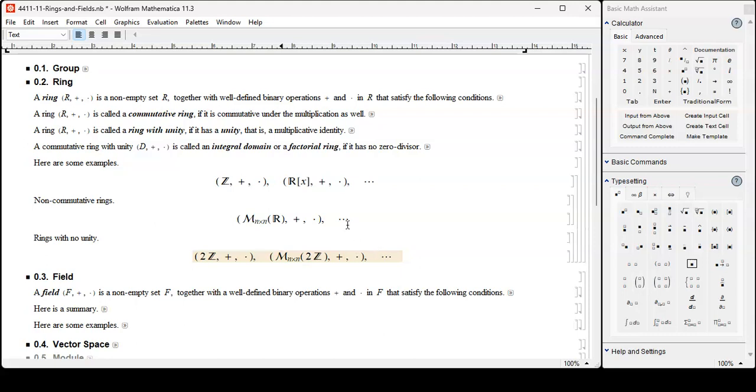And you can do the same thing using even numbers for matrices. The set of all n by n matrices with even integer entries. If you don't like even numbers, well, why don't you use multiples of m, for example, multiples of 17, all those kinds of things. Yes, you can create all those kinds of things too.